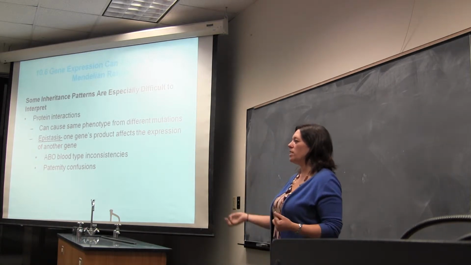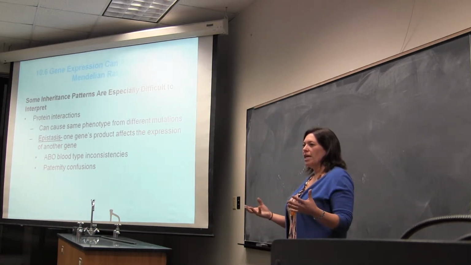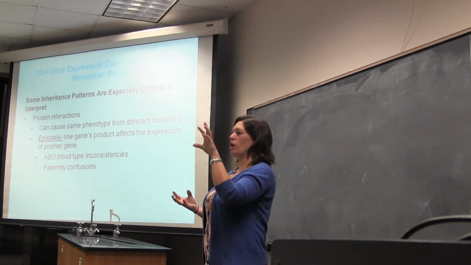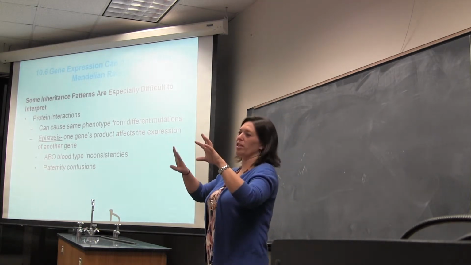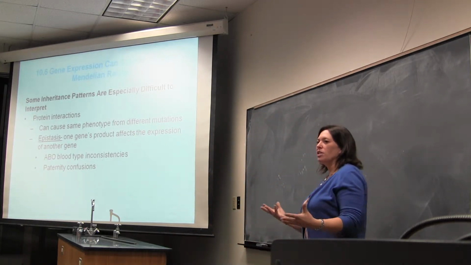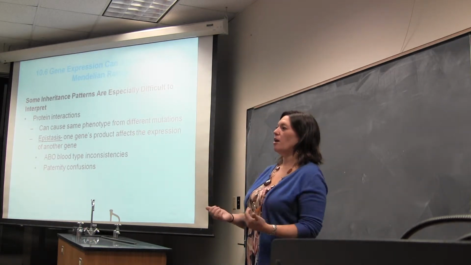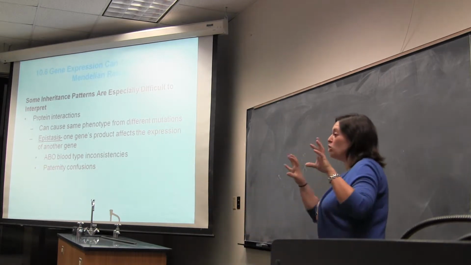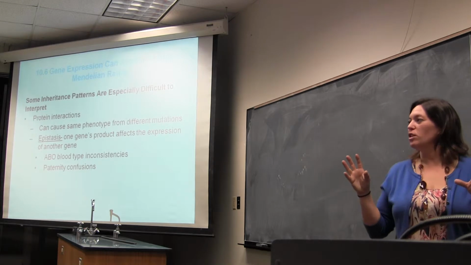But it's not like one is dominant over the other. It's usually like this gene over here will determine whether or not this gene over here is going to be turned on. So the effect or the phenotype is going to be relied upon by two different genes, or at least more than one different gene.